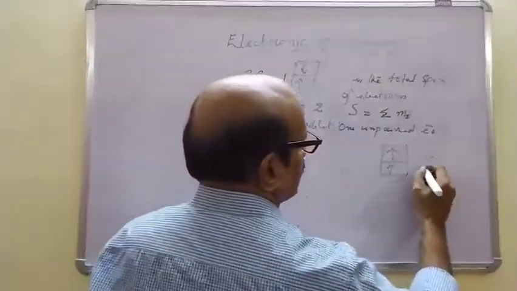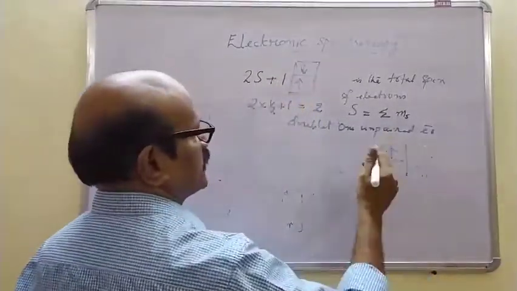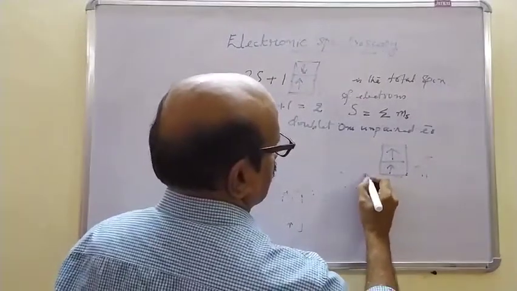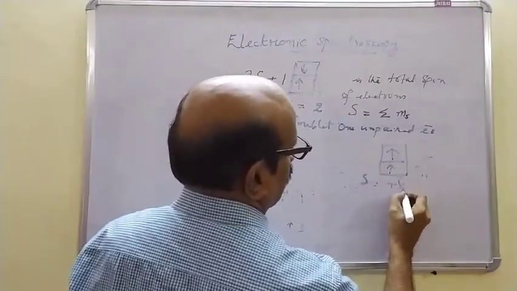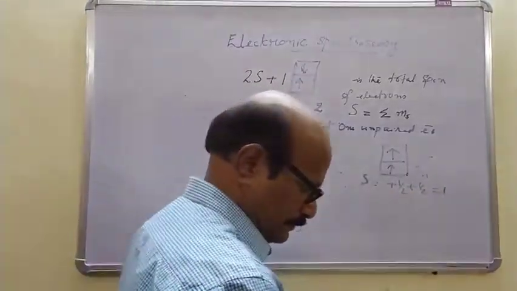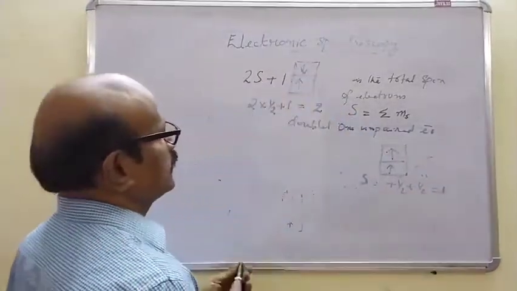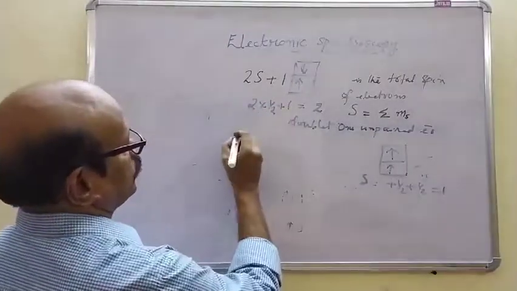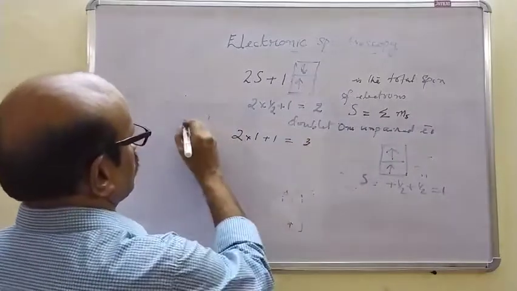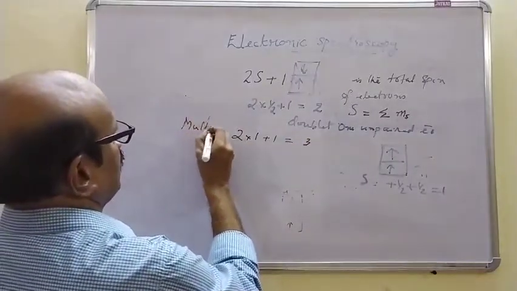This is called a triplet, T1. In that case S is half plus half, that is equal to 1. Here S is 1. Therefore multiplicity is 2 into 1 plus 1, that is equal to 3. So the spin multiplicity here is 3.